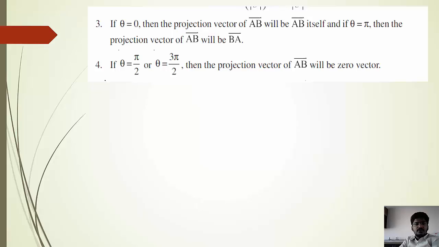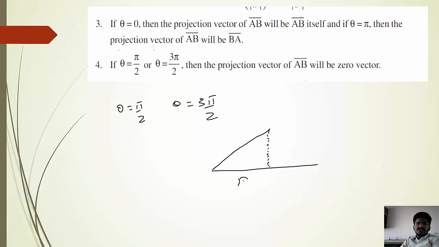So now let us go for the fourth one. If theta equal to pi by 2, if theta equal to 3 pi by 2, the projection of vector AB will be 0 vector, because as you all know, in the previous class we have seen that if this vector P is making a projection with A, we have studied one formula, that is vector P will be equal to magnitude of vector A into cos theta.